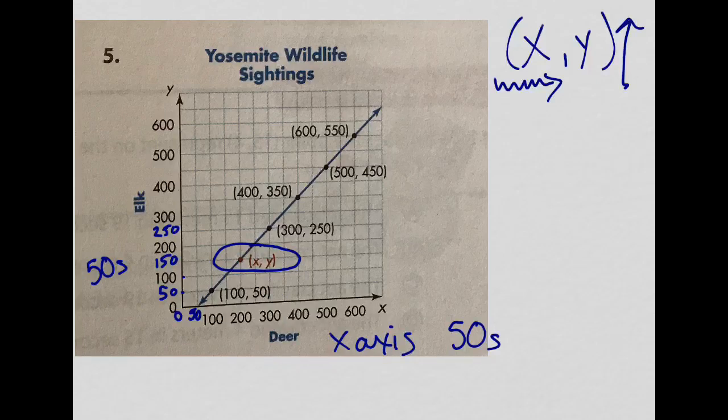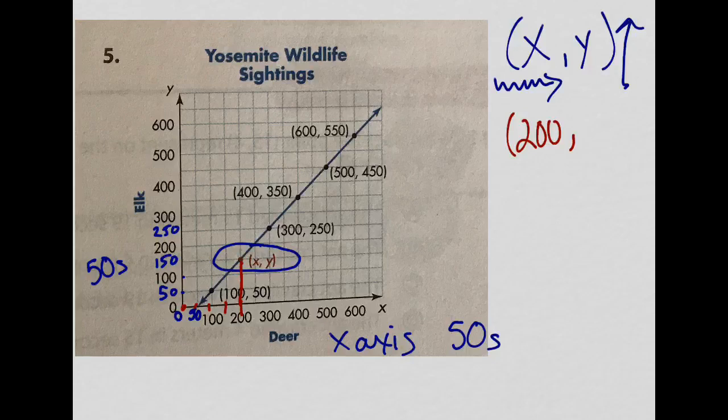Let's see what the coordinate points are for x and y. So I start at my origin at 0, and I'm going to do my x first. So I have 50, 100, 150, 200. Okay, so my x-axis, the point's actually going to be at 200. Let's see the y-axis now.